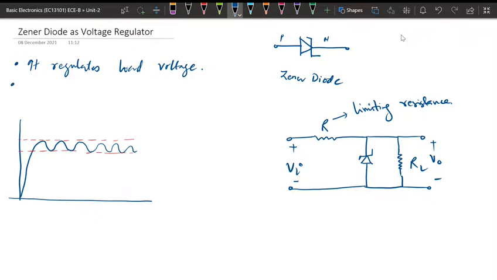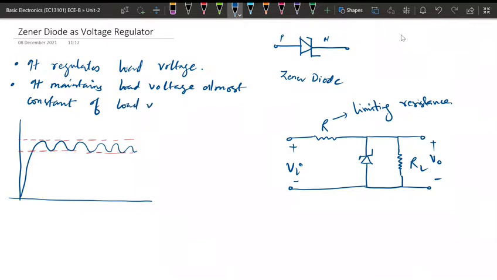Basically we can write here that it maintains a load voltage that is almost constant, or we can call it independent of any load variation and input fluctuations.